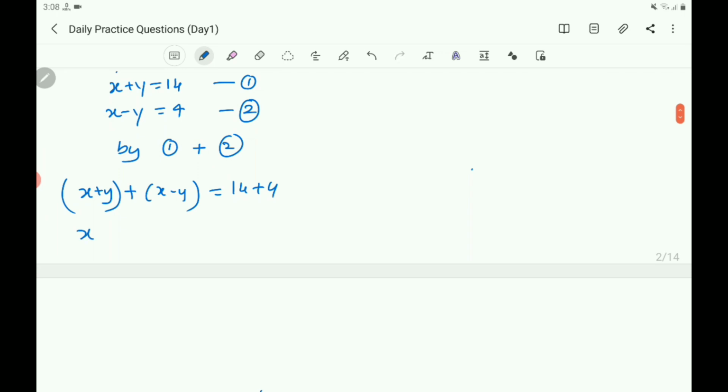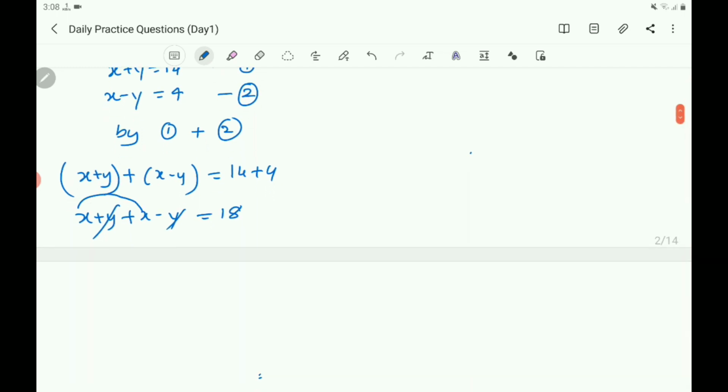Now x plus y plus x minus y equals 14 plus 4, 18. Now you cancel plus y and minus y, then x plus x, 2x equals 18. Here the sum of this x and x, you will get 2x. 2x equals 18 you got.